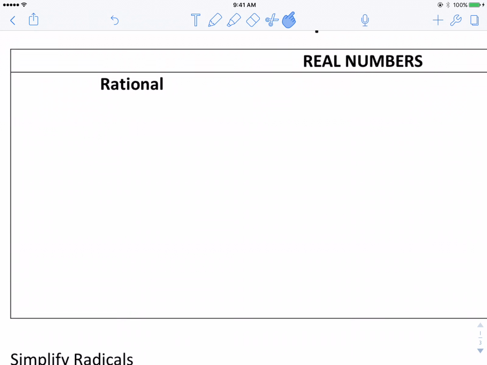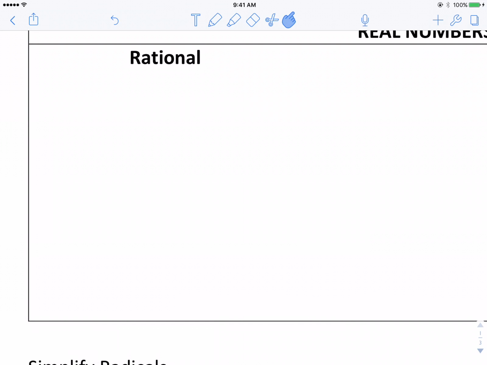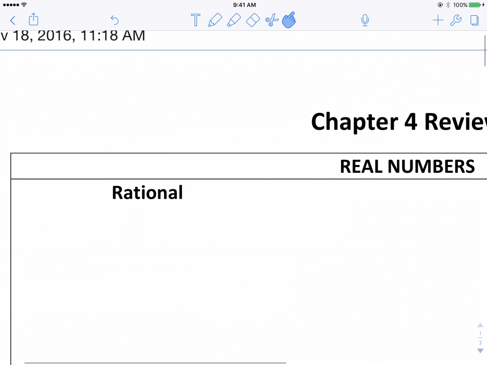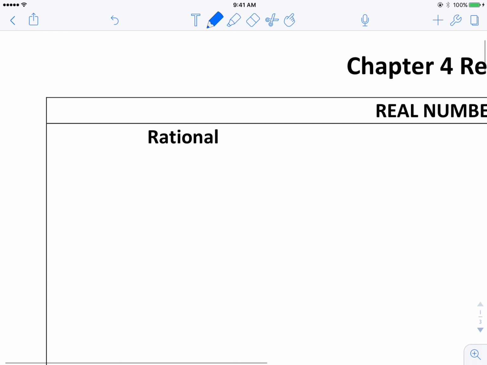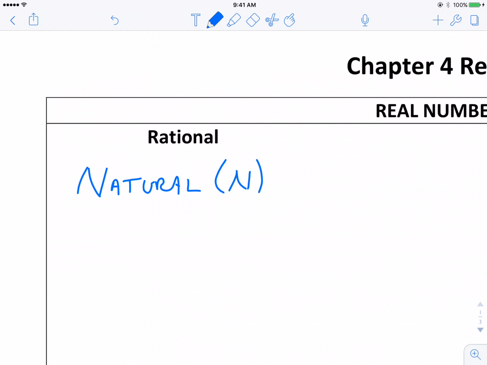After that, in our rational number system, we have three other parts that we also need to be wary about. All of these numbers are rational, but within that rational set, we have what we call natural numbers. Sometimes the number set is referred to as an N. These are 1, 2, 3, and so on and so on.